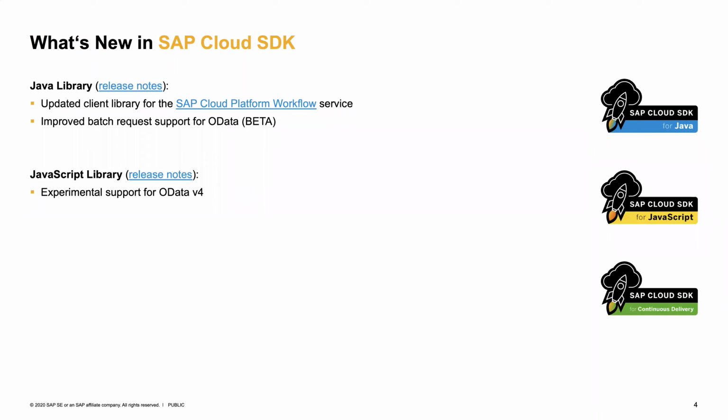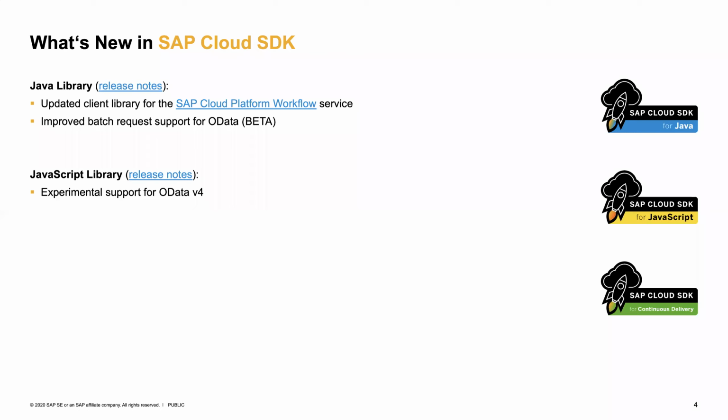Next one. Here is what happened recently since our last call. Starting with the Java library, here we have an updated version of the SAP Cloud Platform Workflow Service Client.